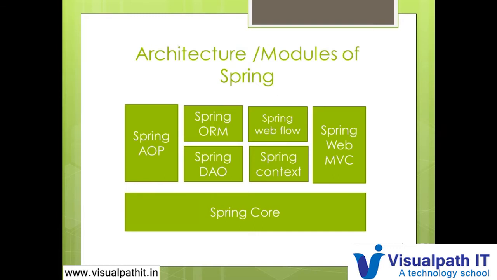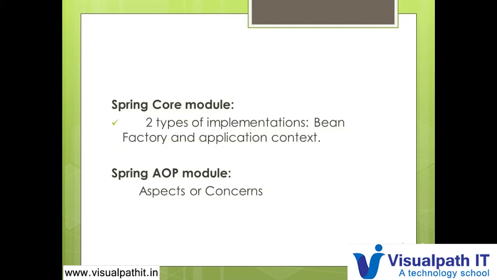The Spring Core module is the core component of the Spring framework. Here there are two types of implementations, that is, Bean Factory and Application Context. Bean Factory is defined by using org.springframework.beans.factory.BeanFactory.